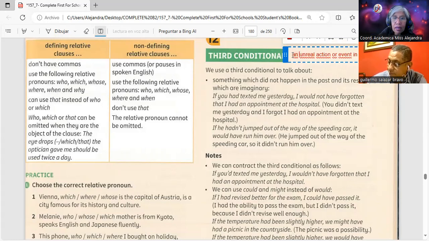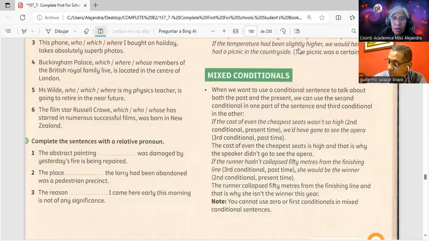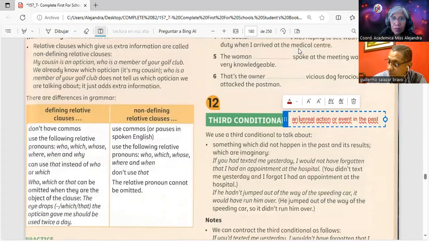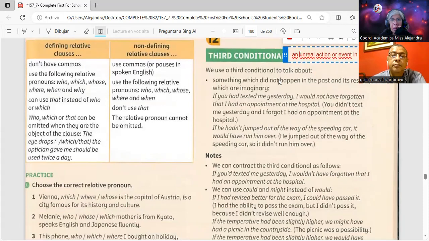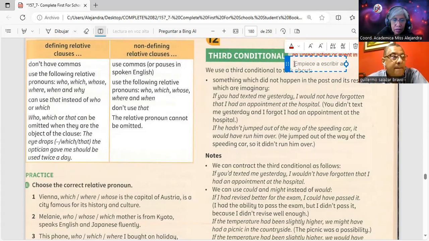Do you remember what is the structure of the third conditional? Do you remember the structure? Past perfect.